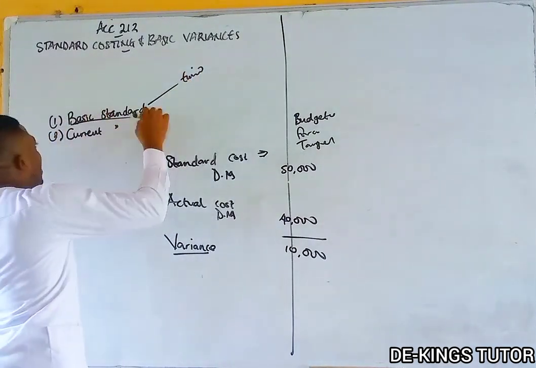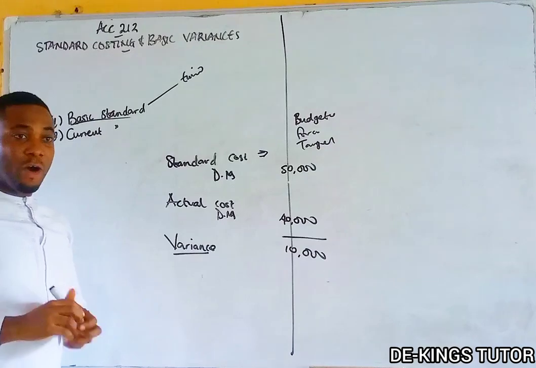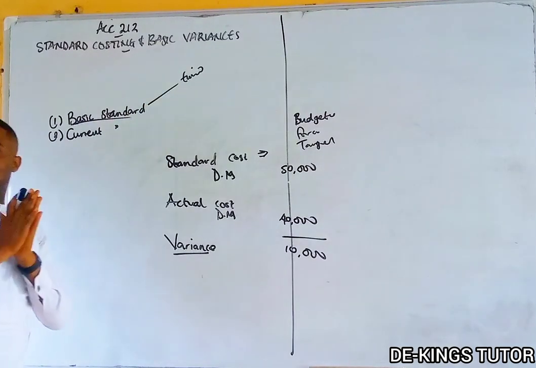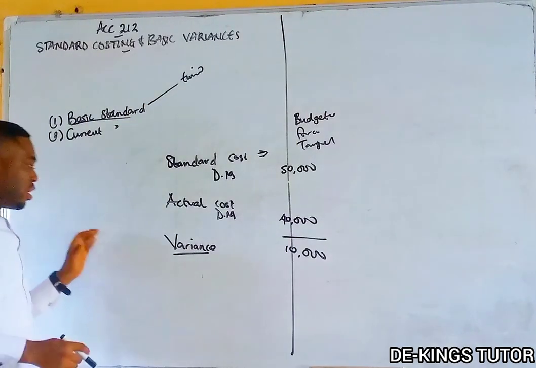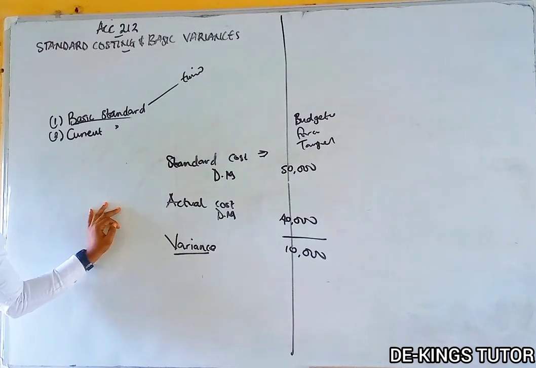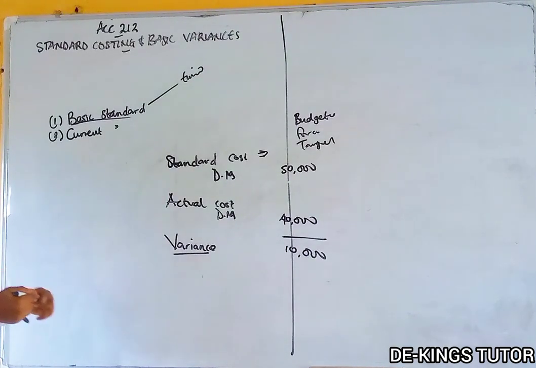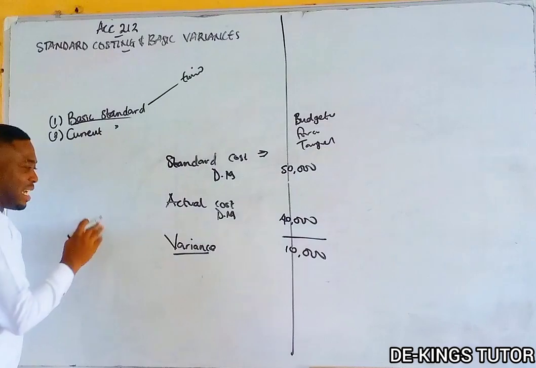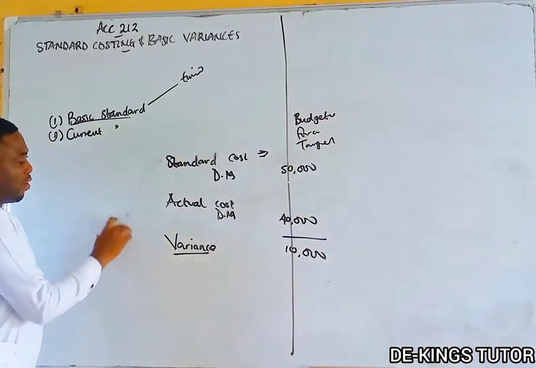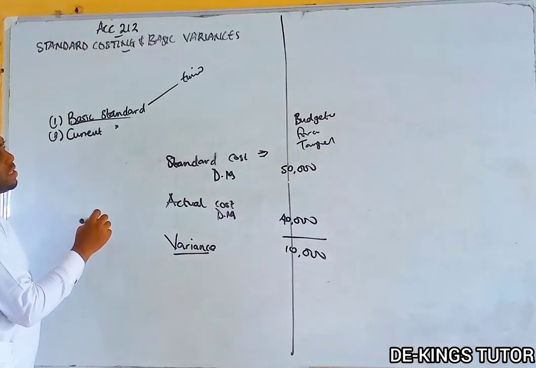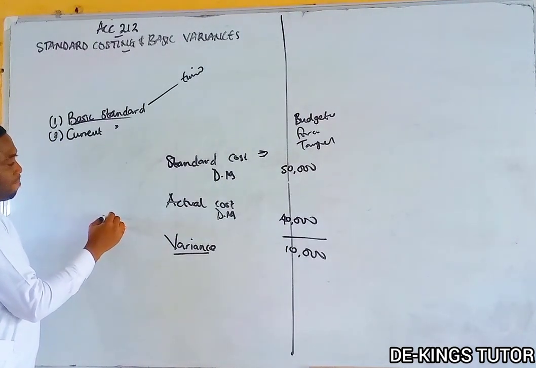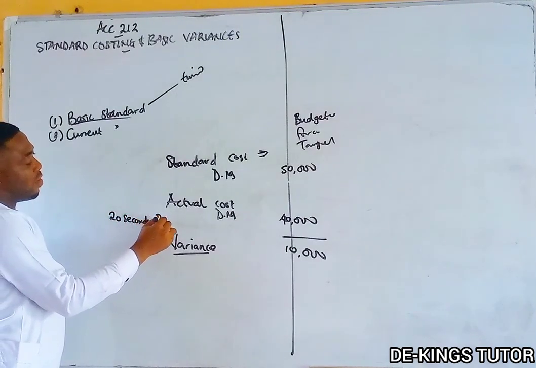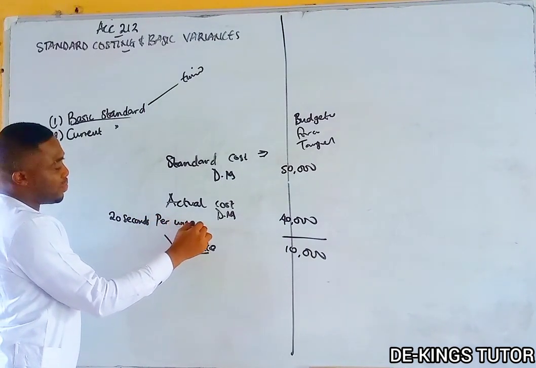So talking about basic standard, we said these are unaltered. Now, when a firm is being established, their standard is set. For instance, the number of minutes a labor will use per unit of the product. They can determine that in the manufacturing company, please follow me, laborers are supposed to spend at least 20 seconds per unit of a product to produce a product.